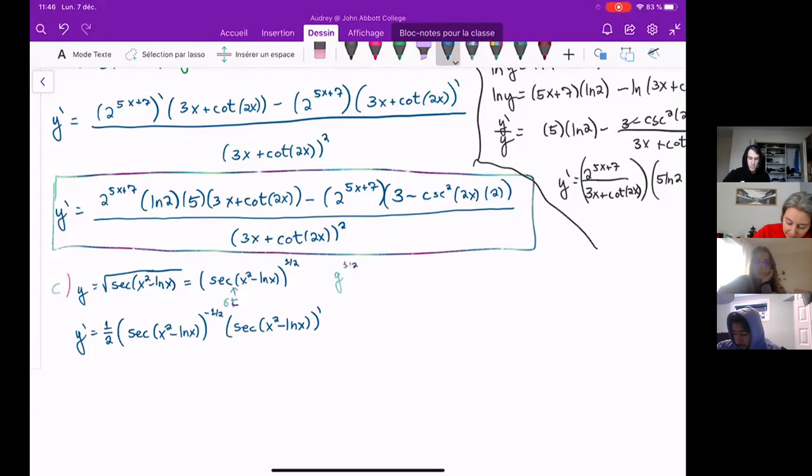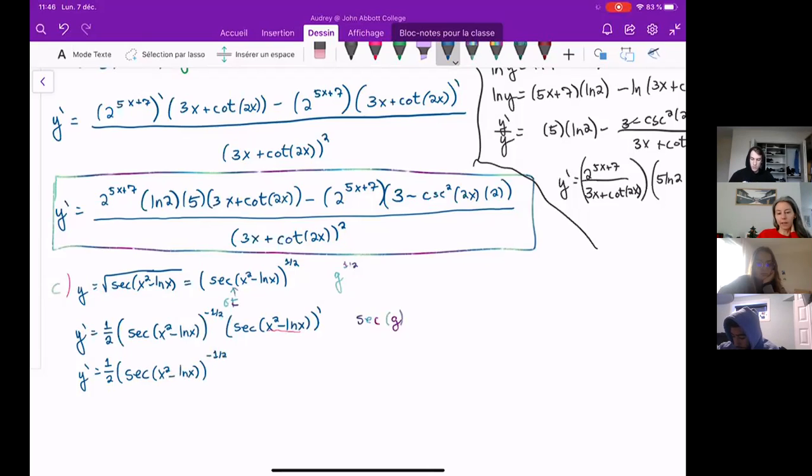And because this is secant of x squared minus ln x, this is like secant of g, which means that this is another chain rule. It's like my trig chain rule. What's the derivative of secant? Secant tangent, but you have to include the g in the inside for tangent as well.